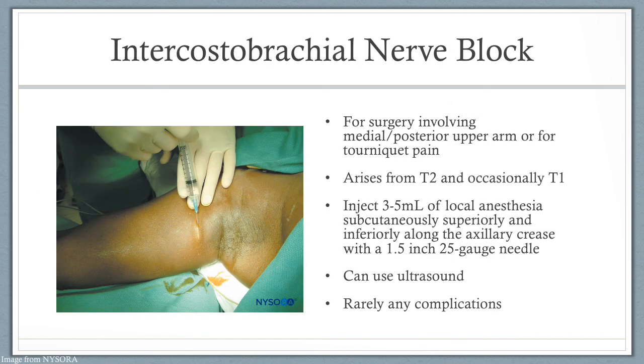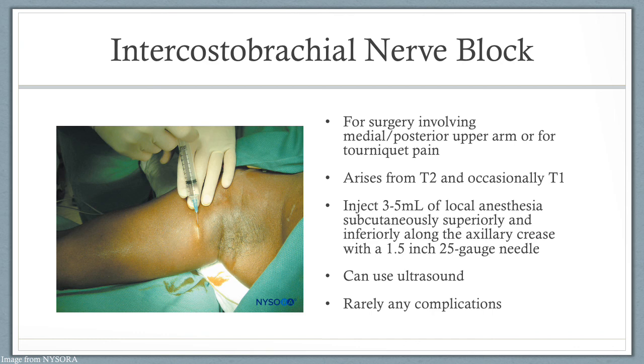I just wanted to briefly go over the intercostobrachial nerve block as it is used as a supplement with supraclavicular nerve blocks. This nerve block is for surgery involving the medial or posterior upper arm, or when a tourniquet might be used. The nerve arises from T2 and occasionally T1, and the approach is done along the axillary crease.